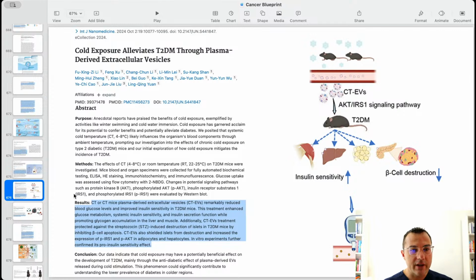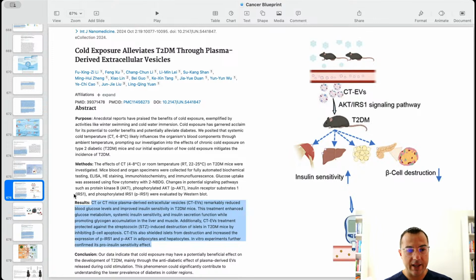So basically they were putting mice in rooms that were 4 to 8 degrees Celsius. And so they called them the CT mice. Plasma-derived extracellular vesicles remarkably reduced blood glucose levels and improved insulin sensitivity in these type 2 diabetes mellitus mice.